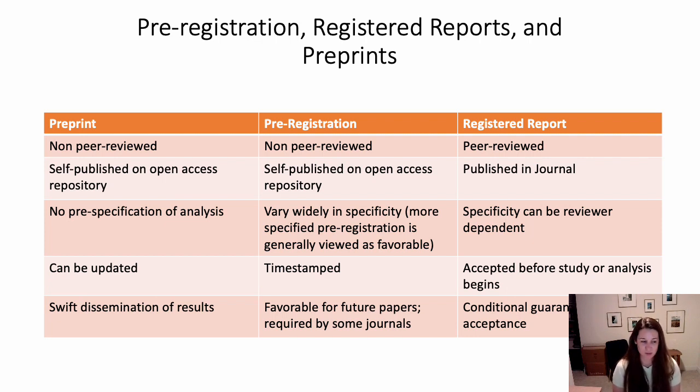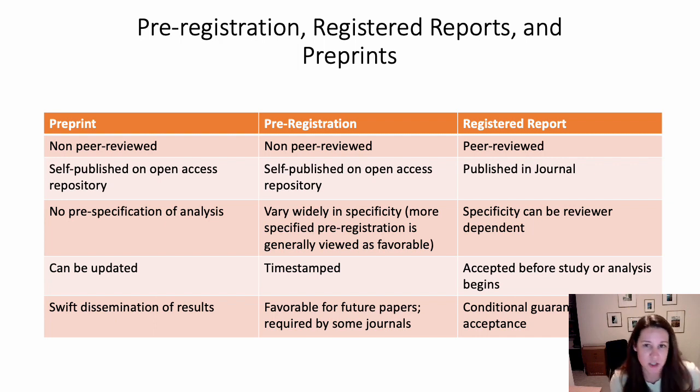Preprints are often updated throughout the publication process. So a first draft might be published as a preprint, and then after it goes to a journal and there are some updates, it might be updated later. The main impetus behind preprints is often a swift dissemination of results and having that citation, as well as a wide dissemination of results.